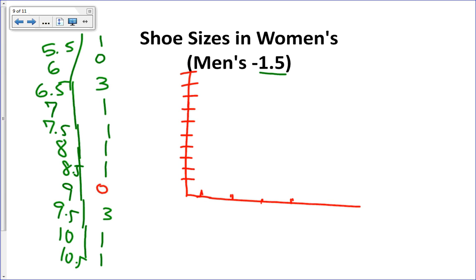Okay, let's have a bin width now of 1. So let's go from 5.5 to 6. Is that okay? 6.5 to 7. 7.5 to 8. 8.5 to 9.